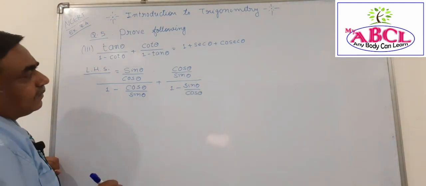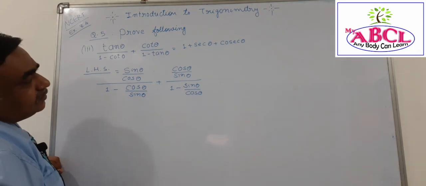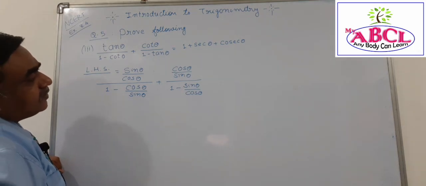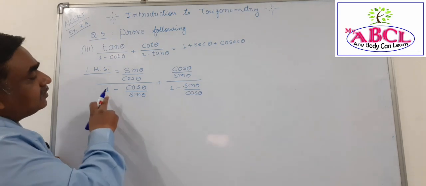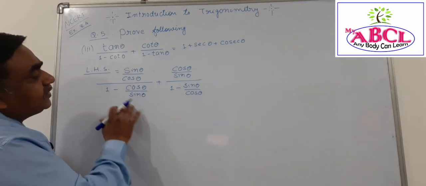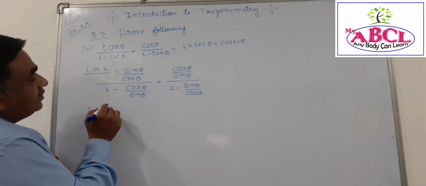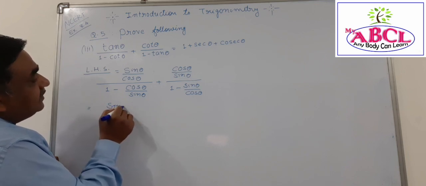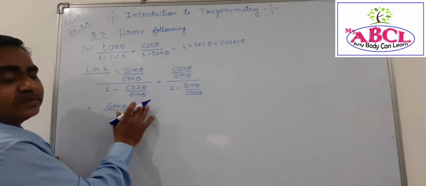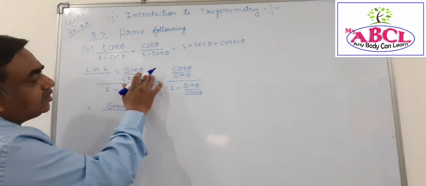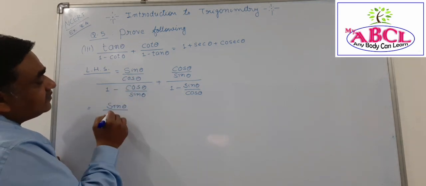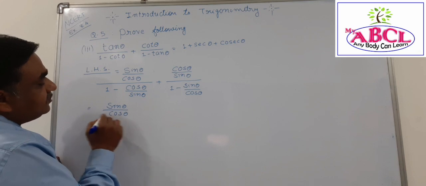Now let's take the LCM in the denominator, not in the numerator. Sine theta upon cos theta as it is, no need to change.